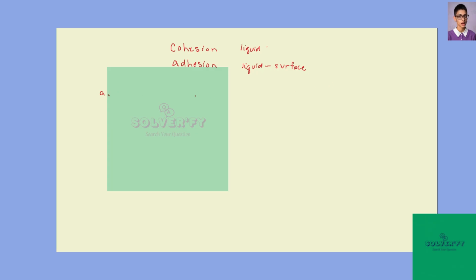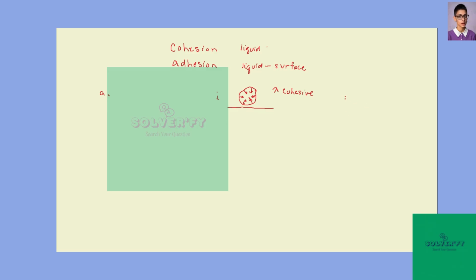So I'm going to put up the first. In this one, we've got a beaded droplet. And so this has very strong cohesive forces because the forces that are holding all these guys inward, attracted to each other, is what's causing this to bead up. So in this one, we have high cohesive forces.